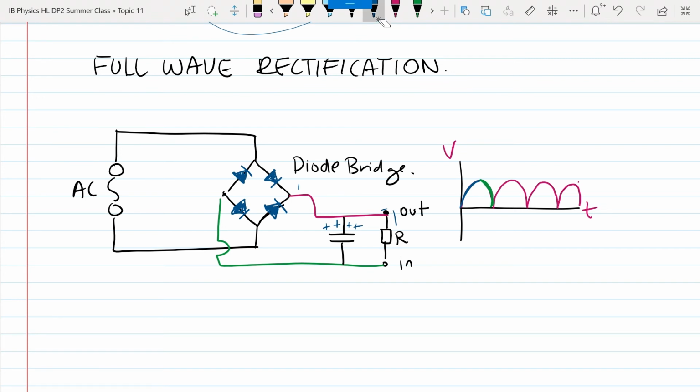So as it decreases, the capacitor has a higher voltage than the rest of the circuit, right? So it's going to push its own current back through here.